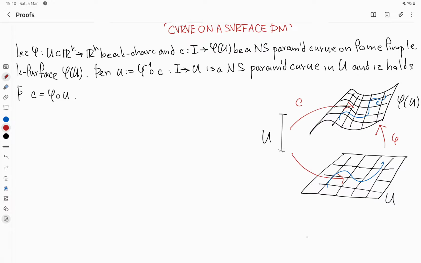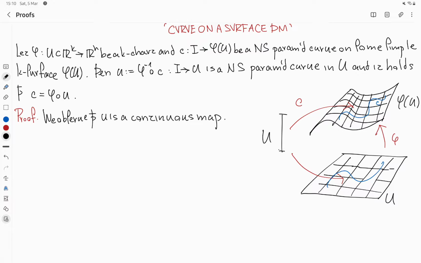Right, now let us have a look at the proof. Well, we observe that u is a continuous map. Why?